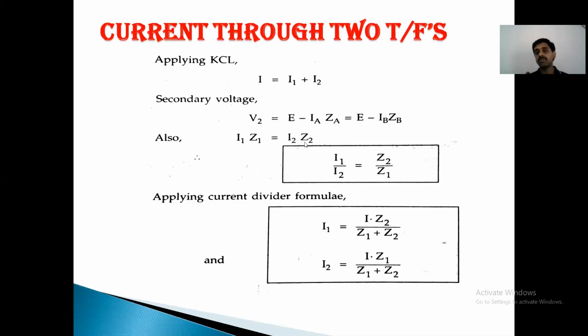So V2 is equal to E minus IA ZA, or I1 Z1 is equal to E minus IB ZB. Also I1 Z1 equals I2 Z2. Therefore I1 by I2 is equal to Z2 by Z1. The ratio of currents equals the inverse of the ratio of their impedances. So applying current divider rule, you can calculate I1, I2. So what is the current supplied by each transformer? You can calculate using this formula by equating voltages of both the sides.